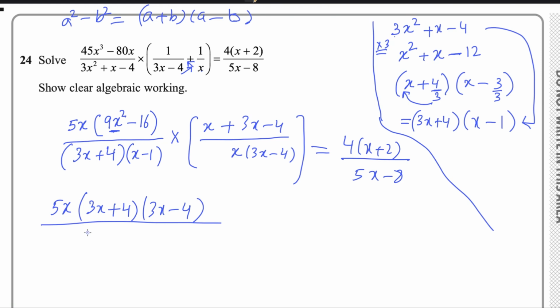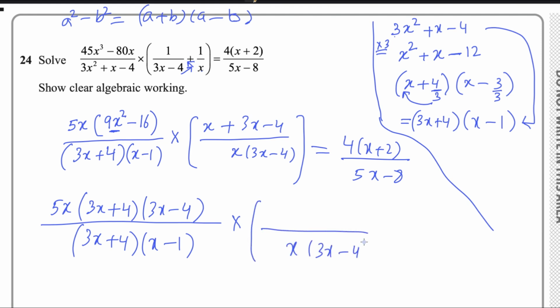And in the denominator, it will be (3x + 4)(x − 1). Simplify this one: x(3x − 4). And 3x + x will be 4x − 4, equals 4(x + 2) divided by (5x − 8). Okay.